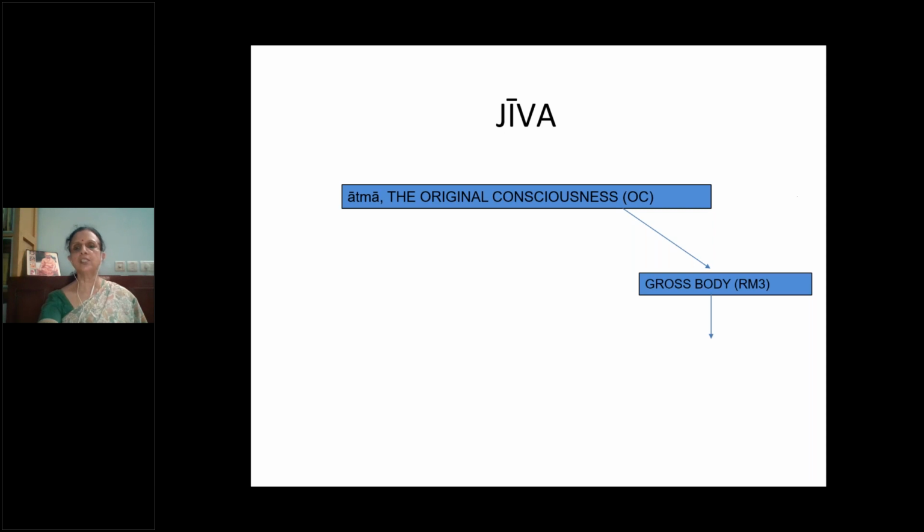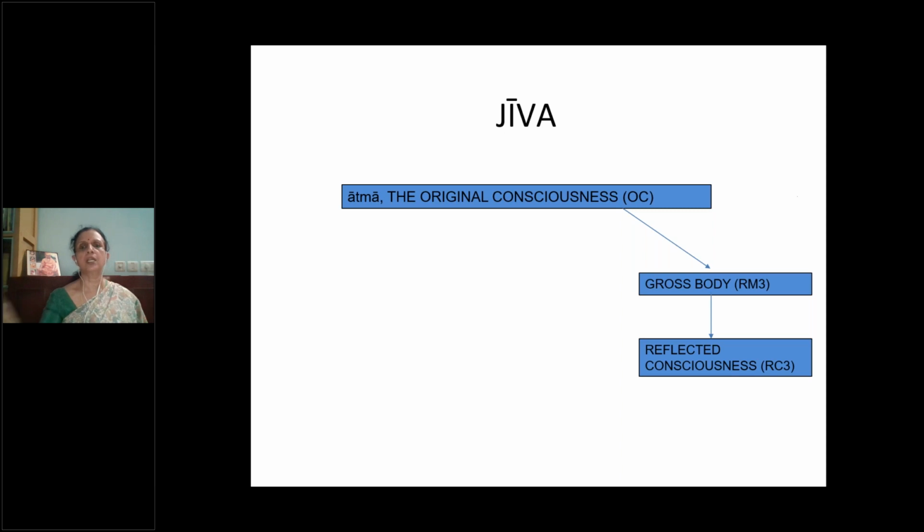Now, when the original consciousness reflects in the gross body or reflecting medium 3, there is a reflected consciousness which is formed exactly like an image, right? This is just for you to imagine. Please don't give too much weightage to the diagram that I'm showing because I wanted to explain pictorially.